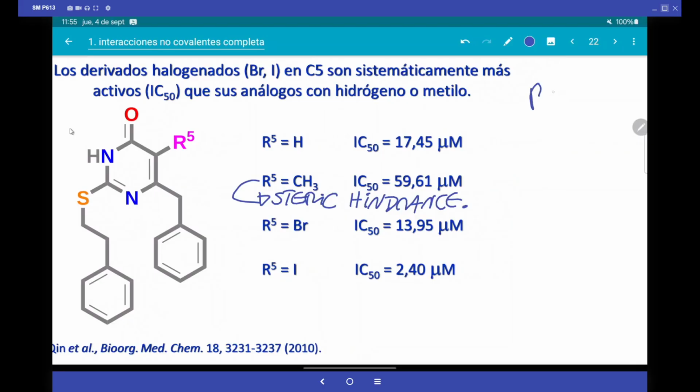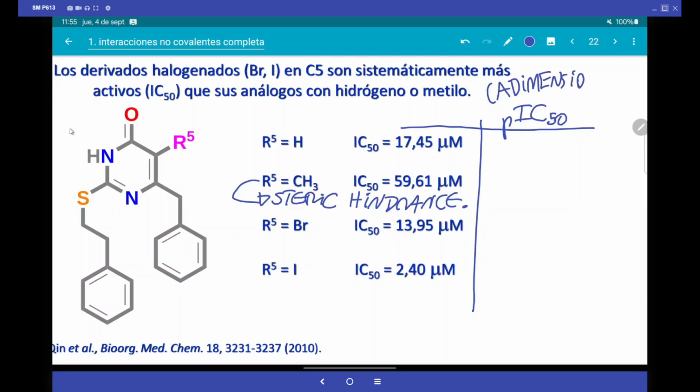We are going to calculate here. Look, let's do the following. To get the pIC50, we are going to calculate it next to the IC50, and the pIC50 is dimensionless. To calculate it quickly, first all these values must be expressed as molar, not as micromolar.